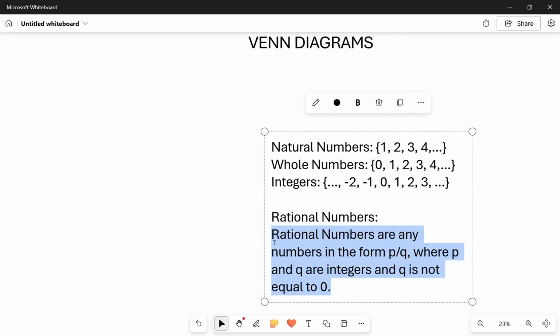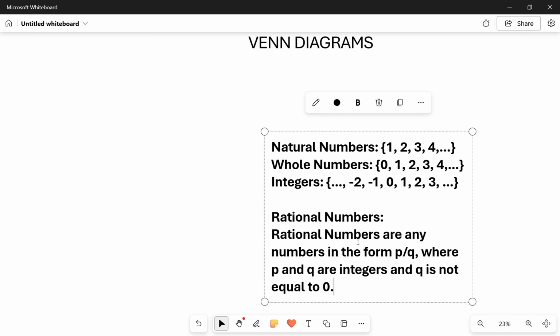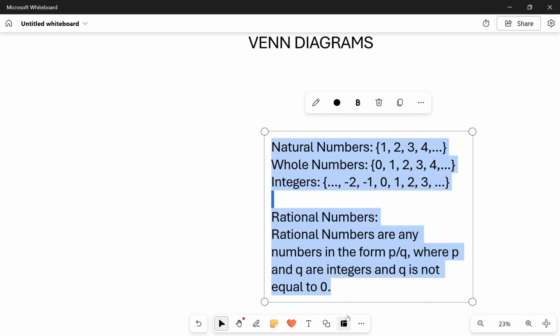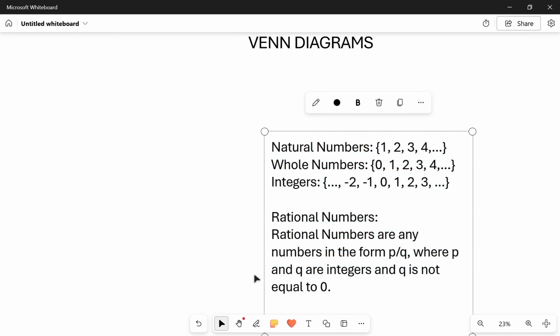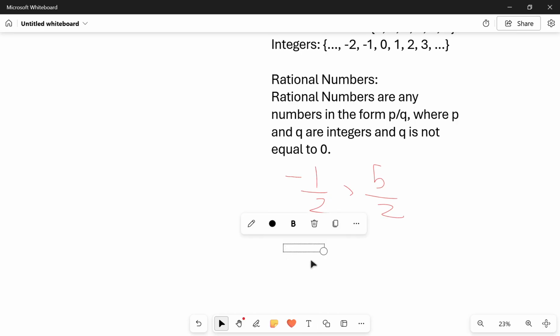So that's the definition of rational numbers. Now what I mean by that, I can have something like negative 1 by 2, which is a rational number, where negative 1 is an integer, the denominator 2 is an integer. I can have 5 by 2 also. So examples like this.